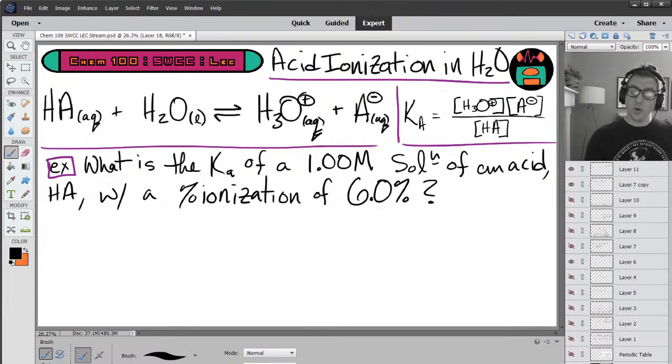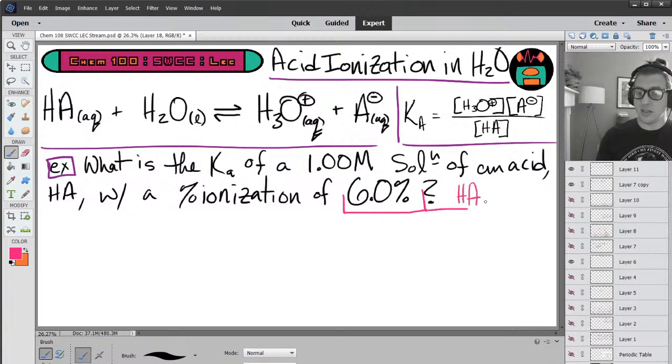All right, so once again, we have Ka here. We know that's what we're trying to find. And we need the concentration of hydronium, our conjugate base, and HA. Now, the percent ionization tells us what HA loses.